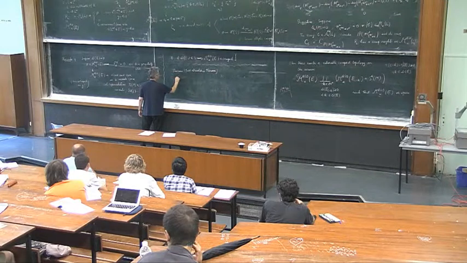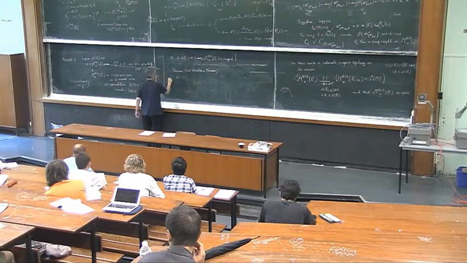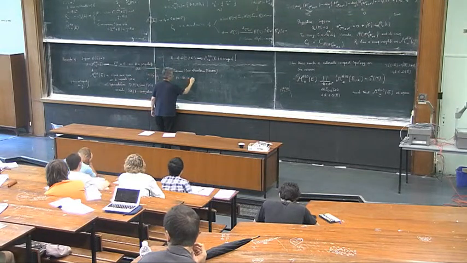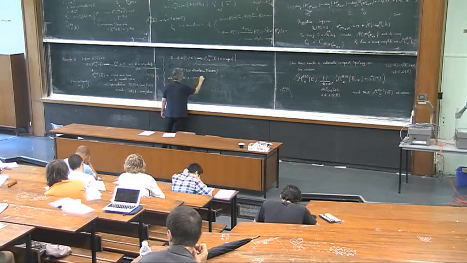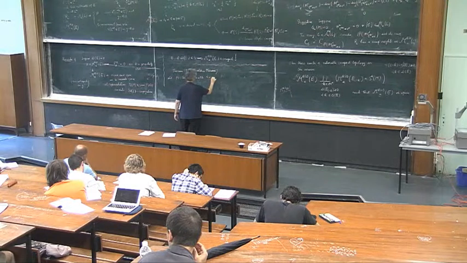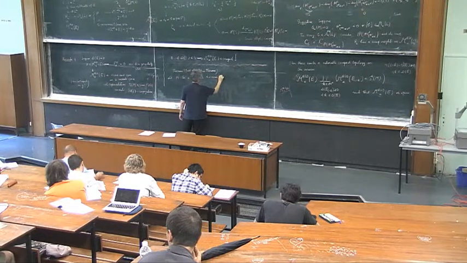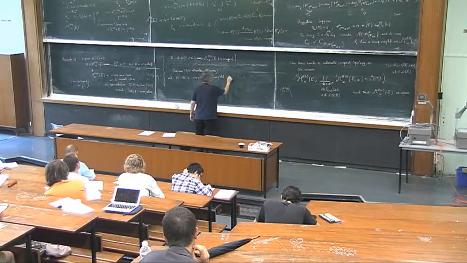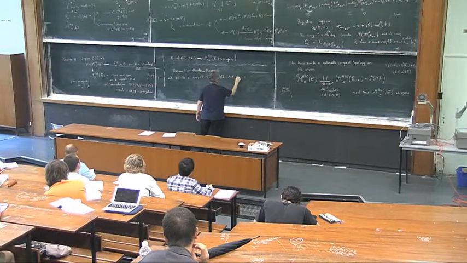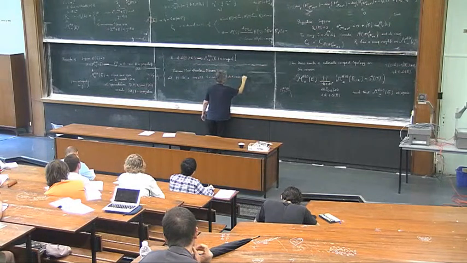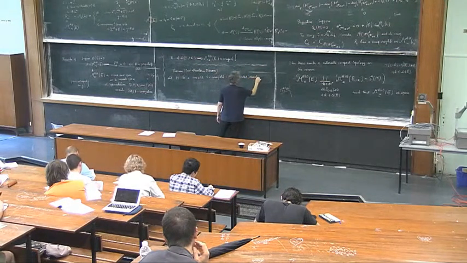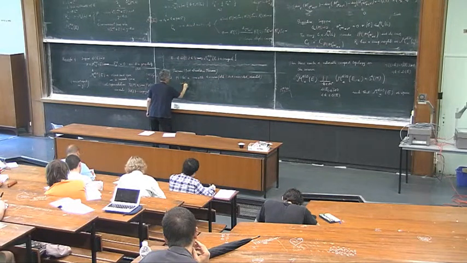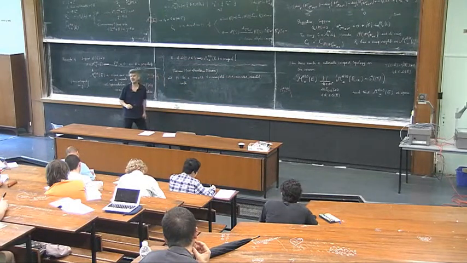Let M be a smooth four manifold, which is as usual closed, connected, oriented, with, say, negative definite intersection form.